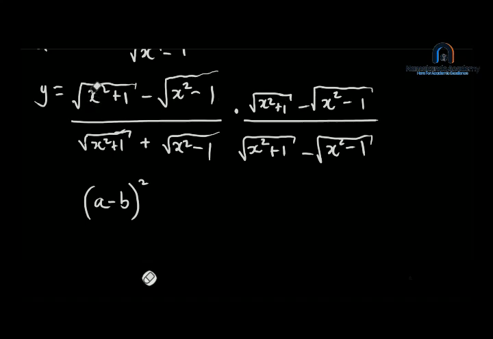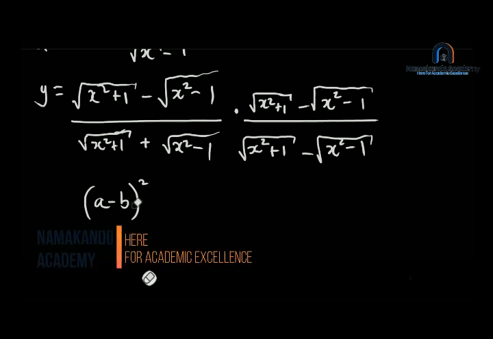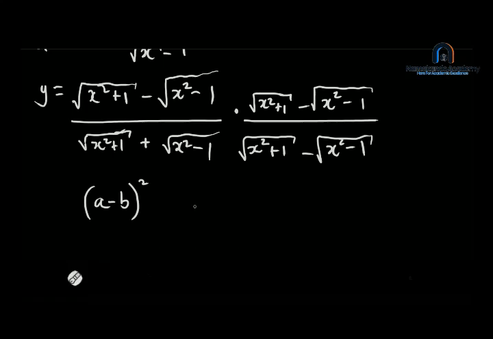That is to say, this is being multiplied by itself twice. And if you have something like this algebraically, upon expanding, it simply gives us a squared, minus 2 multiplied by the product of a and b, then we add b squared.